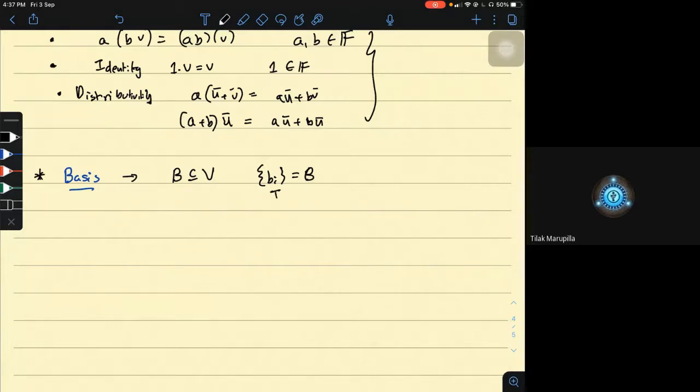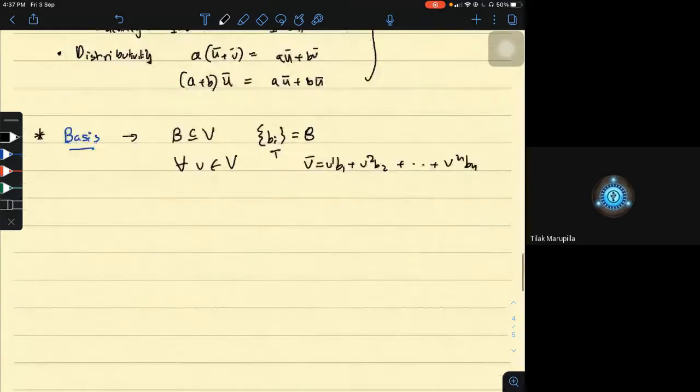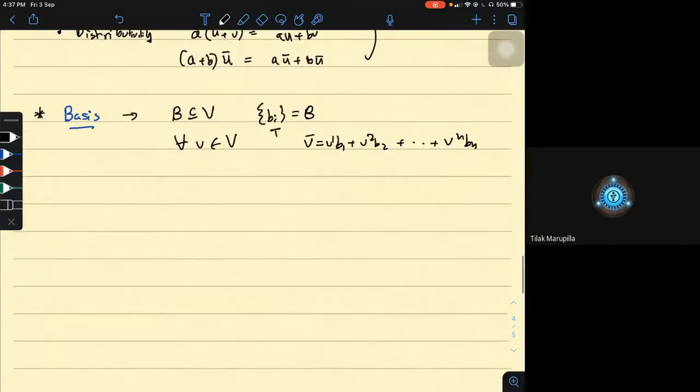That is, for all v belonging to the vector space, I can always find linear combinations of Bi such that I have v equal to v1 B1 plus v2 B2 plus up to vn Bn. I'm assuming a finite dimensional vector space.